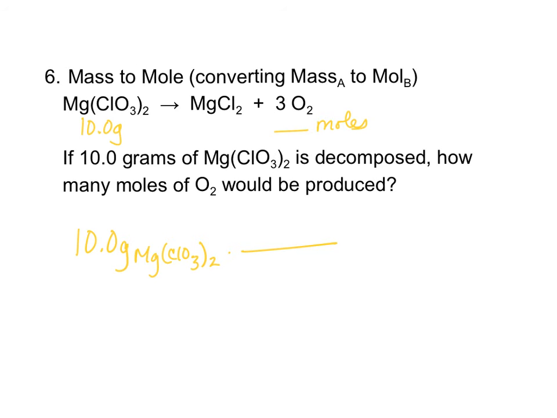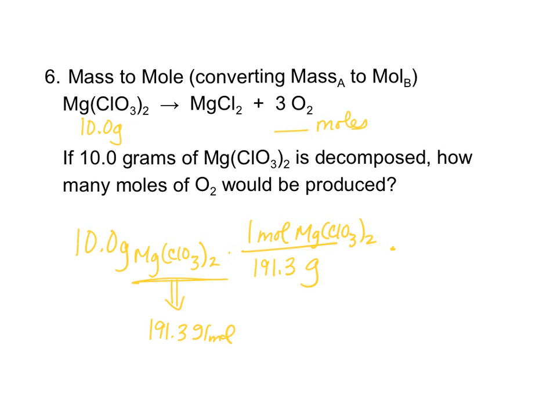Now we're in grams, so when in doubt, always convert grams to moles. We're going to go grams to moles, 1 mole of magnesium chlorate. Now we added up magnesium chlorate earlier, and its molar mass is 191.3 grams in 1 mole. So 191.3 goes right there.